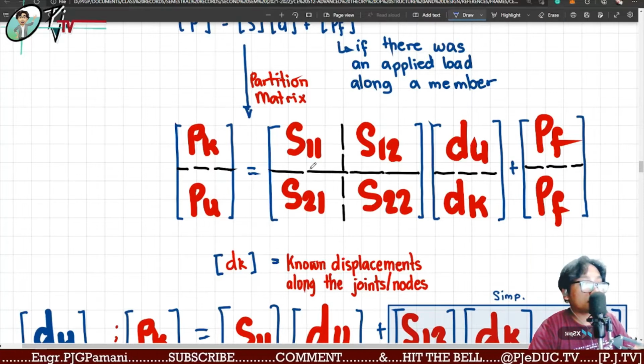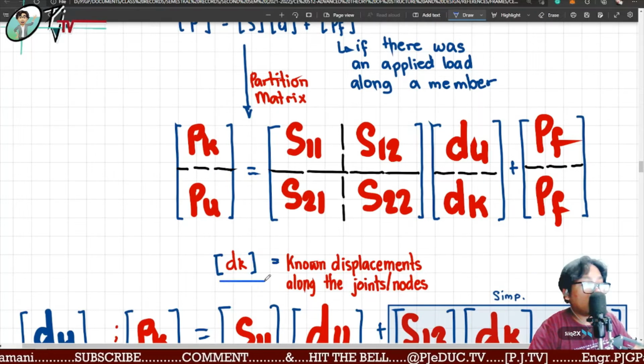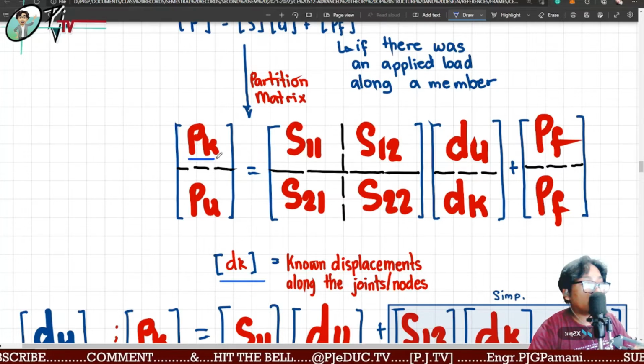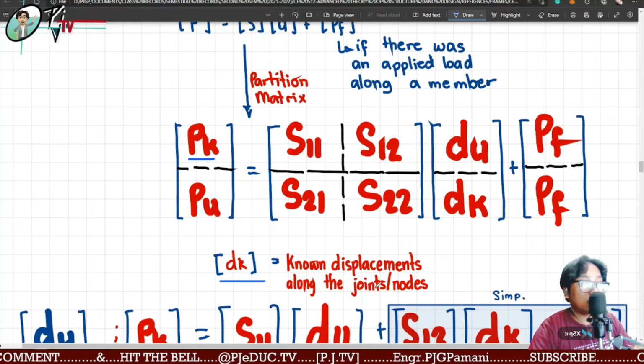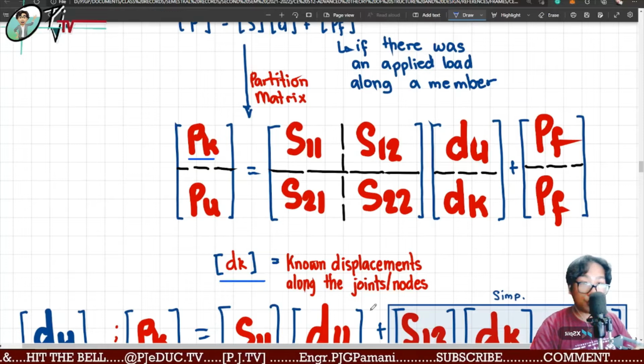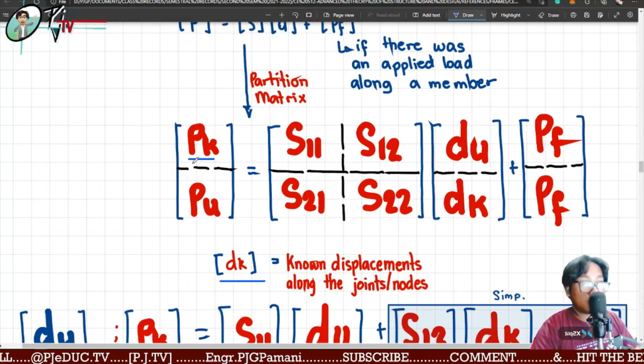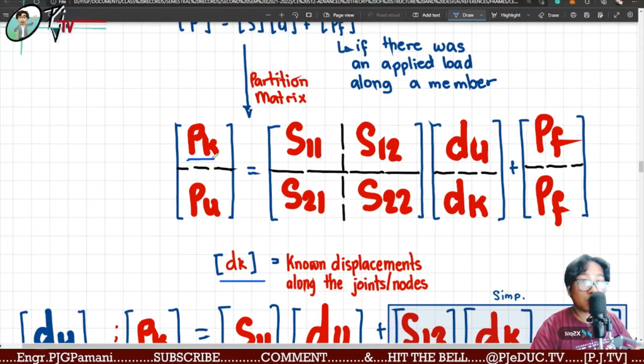Okay? Again, dk, lahat nung mayroong sub na k are known displacement along the joints or nodes. Then pk are known forces along the joints or nodes.